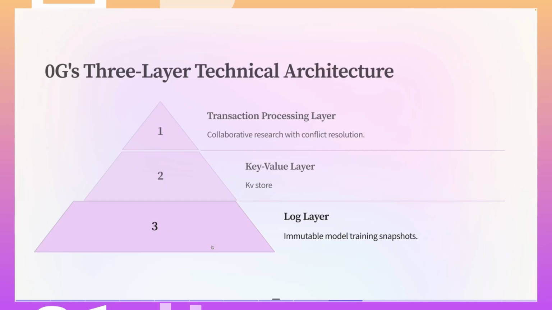What we have done is, our main goal is to create a log layer. The log layer is an immutable layer. Whatever data comes into the flow is appended into the flow. So there is no possibility of rewriting.